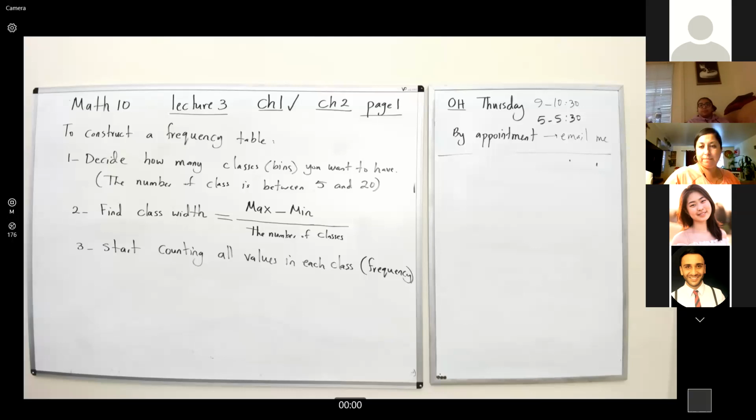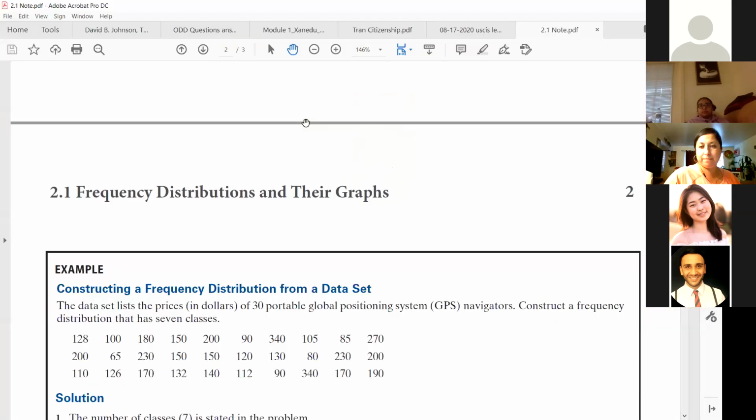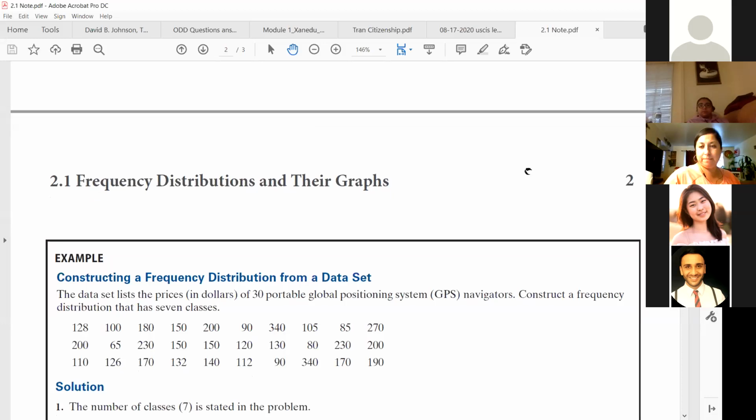Let us take a look at our very first example in the notes. We are on page 2 of our notes, constructing a frequency distribution from a data set. The data set lists the prices in dollars of 30 portable global positioning system GPS navigators.